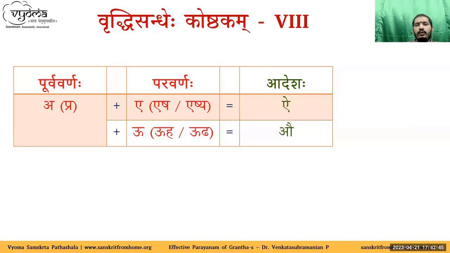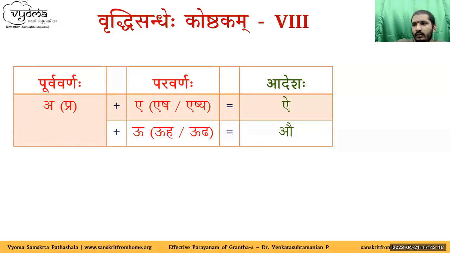The other rule is: if the purvavarna is akara, the ending letter of pra, and if the paravarna is ukara, the starting letter of uha or udha, then we get the adesha aukara. Here the word uha refers to the uha we use generally, as in uha karaniya or uham karotu.